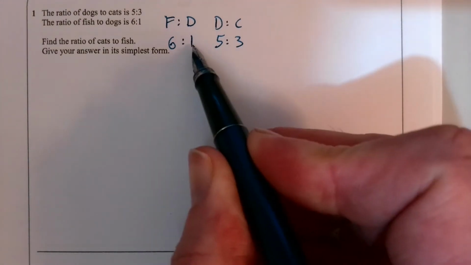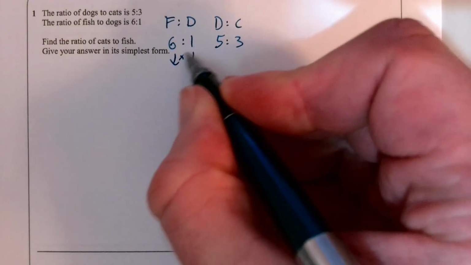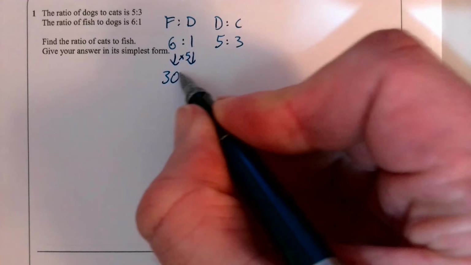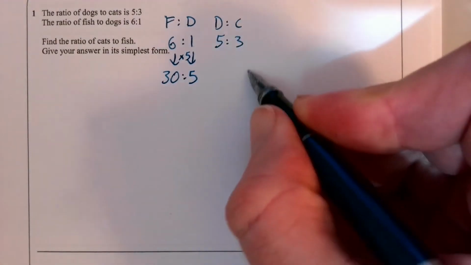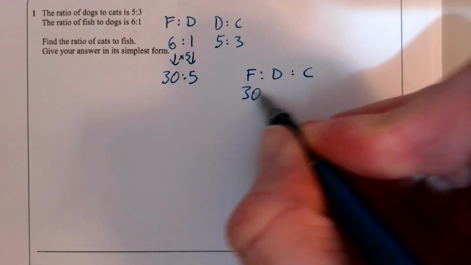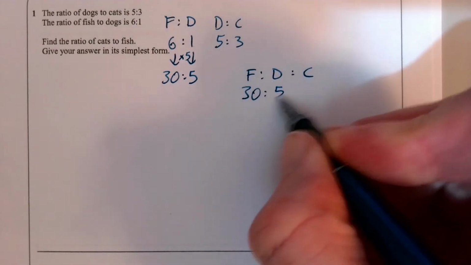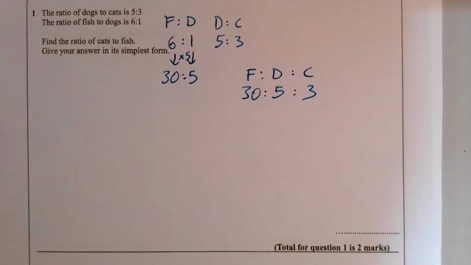Now 1 times 5 makes 5, so I'm going to multiply both of these bits by 5 to get 30 to 5, because then we could say fish to dogs to cats is 30 fish to 5 dogs, and we know that 5 dogs means 3 cats.